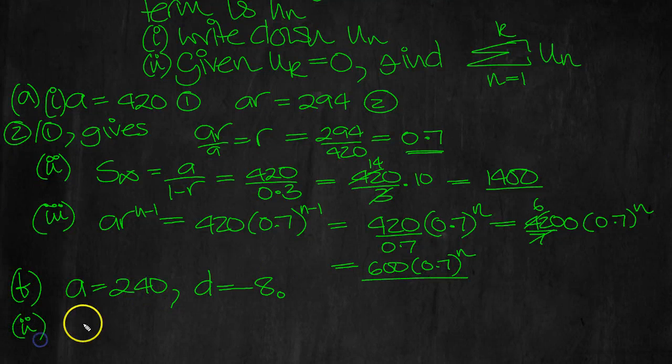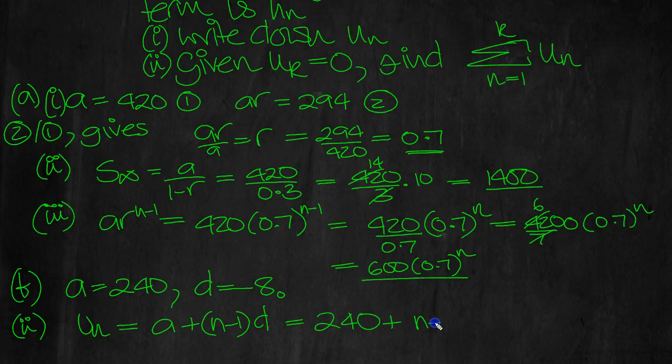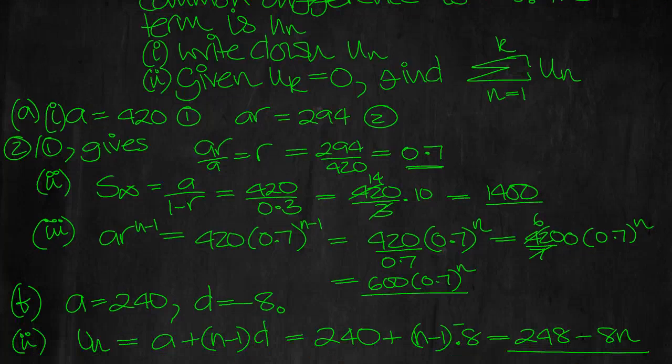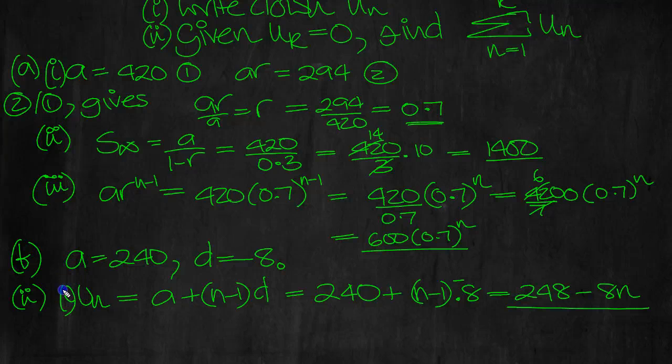So un, first of all, the nth term is a plus n minus 1 d, isn't it? a plus n minus 1 d, which is 240 plus n minus 1 times d, which is minus 8. So expand the bracket, we get plus 8, so that's 248, and then it's minus 8n. Okay, good. So that's B part 1, write down un.